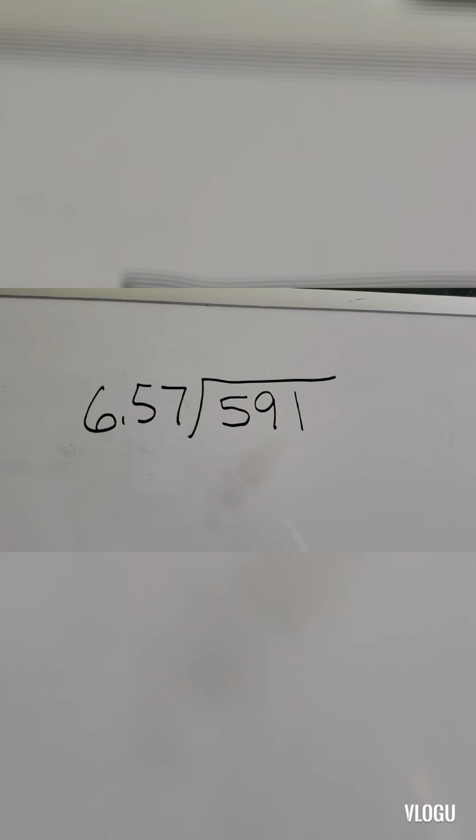Let's subtract. Can't take 0 minus 6, but I can change that to a 3. Make that a 10. 10 minus 6 is 4. 3 minus 5, I can't do that, but I can borrow from over here.